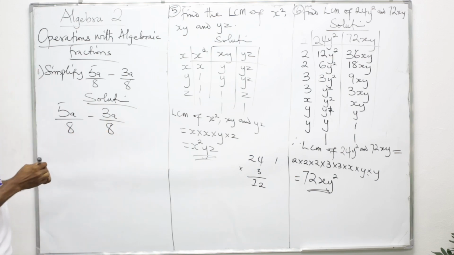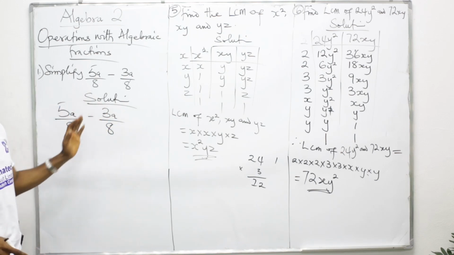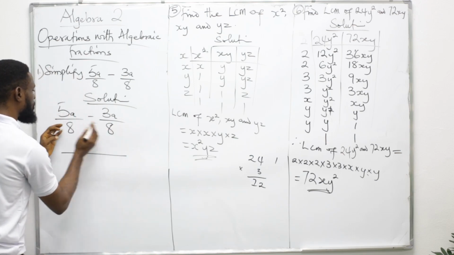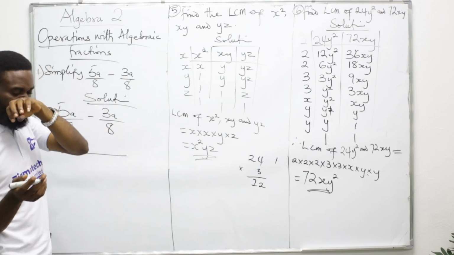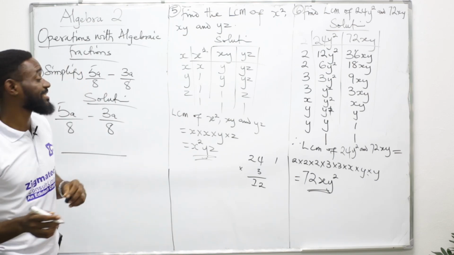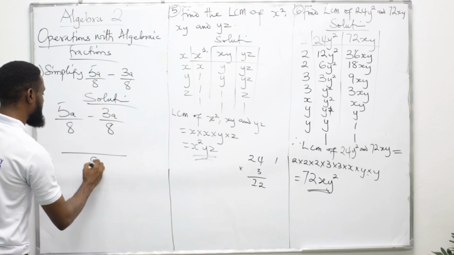So in fraction, the denominator of these two fractions, you rule a line, bring the denominator down. Since the denominators are the same, there is no point looking for the LCM because the LCM of 8 and 8 is still 8. Okay? So you just bring 8 down.